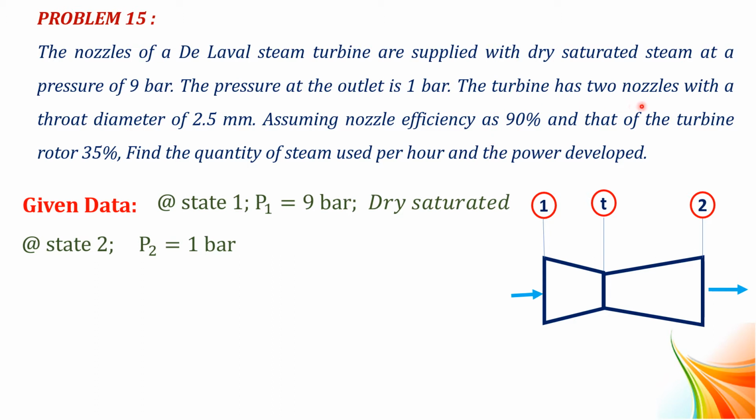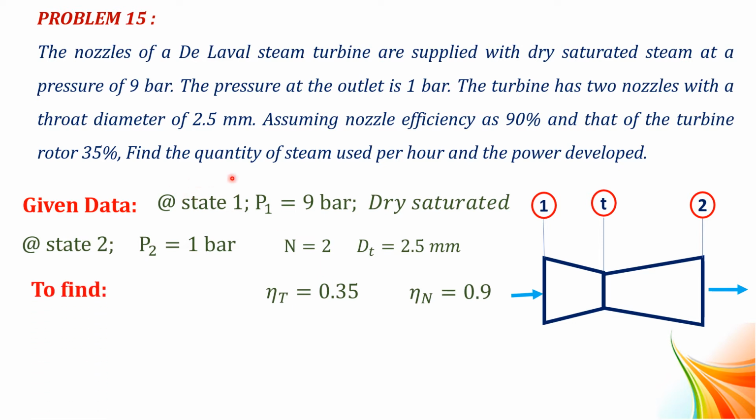The turbine has two nozzles. So number of nozzles N is equal to 2 with a throat diameter of 2.5 millimeter. So diameter of throat dt equal to 2.5 millimeter. Assuming nozzle efficiency as 90%, so eta nozzle equal to 0.9, and that of the turbine rotor is 35%, so turbine rotor efficiency is 0.35.